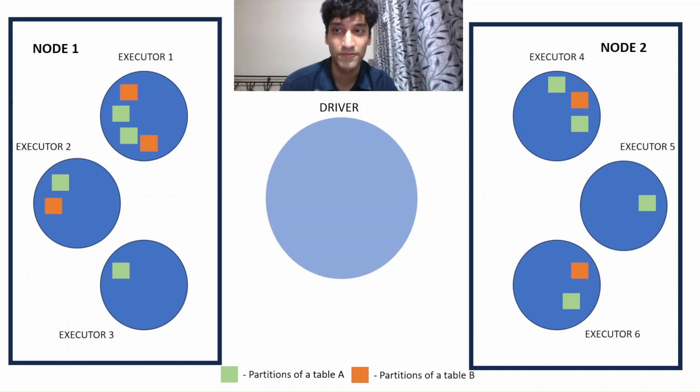In front of us, we have two nodes, and each node contains three executors. The squares which we might be seeing in front of us, the green squares and the orange squares, are basically partitions.